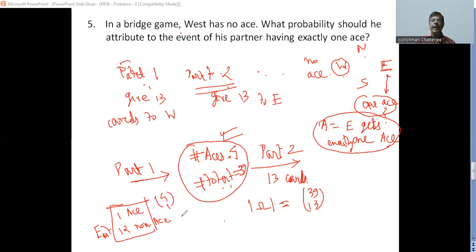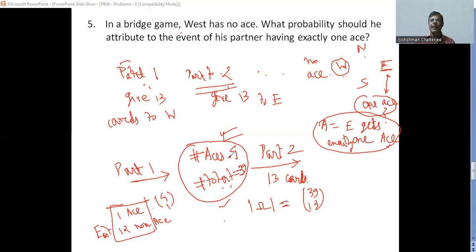And how many ways can we give the 12 non-ace cards? How many non-ace cards are there? That's important. In order to answer this, it's not straightforward, so we need to find out something more. What is the total number of non-ace cards in this configuration?